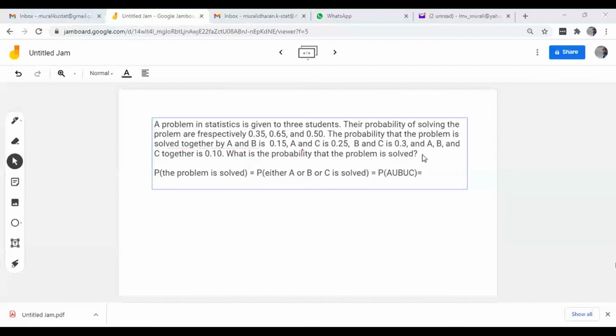Three events are there, A union B union C. That's the meaning of this. Problem is solved means either A or B or C is solved, meaning P of A union B union C. So you have all the values. Write down the formula. I told you already, make a habit of writing the formula.